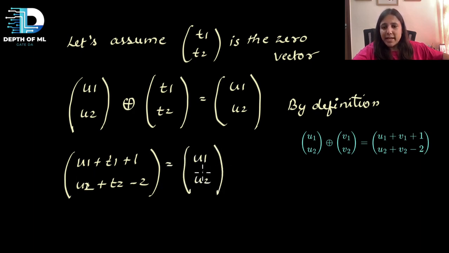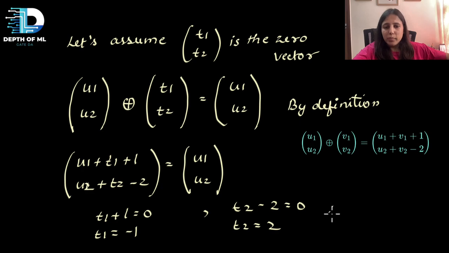If this has to be equal to u1 u2, then t1 plus 1 should be equal to 0, which gives me t1 equals minus 1, and t2 minus 2 should be equal to 0. Then only we will get the u1 u2 vector back, right? So t2 equals 2. Therefore the 0 vector in this subspace is minus 1 2.